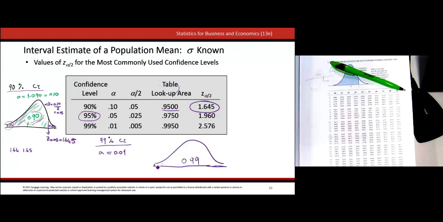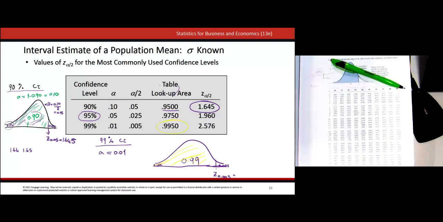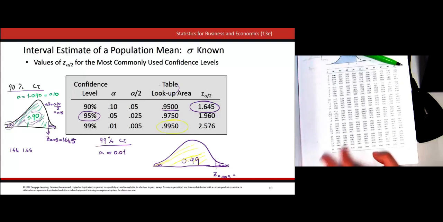So then alpha over 2 is 0.005. Now what is the total area to the left of this? 0.99 plus 0.005. This means 0.995. Where is that 0.995?